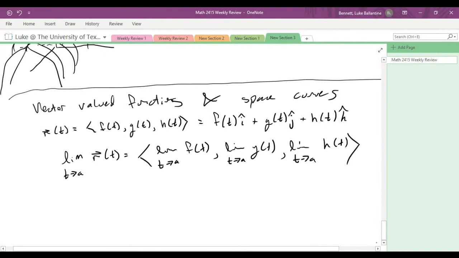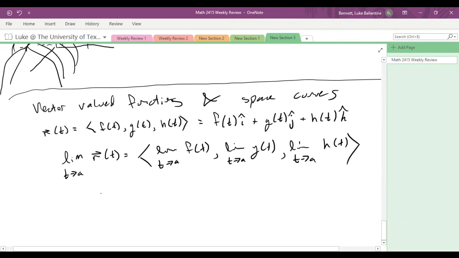Just apply the limit to each component. Nothing too complicated. You just have three functions now, one in each component. One variable makes it a curve in space, but the three components make its ambient space R3.